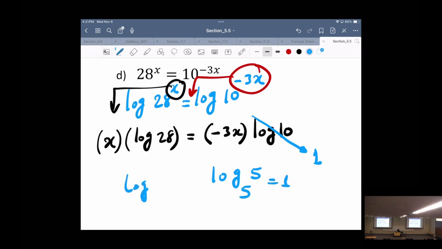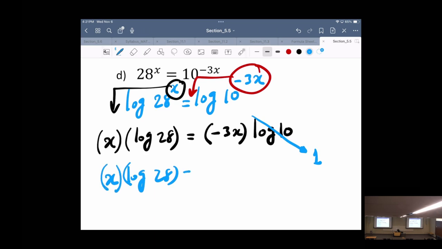So log of, let's say, 8 to base 8 is also equal to 1. Okay, so we know that. Then this will give us x times log of 28 equals minus 3x.